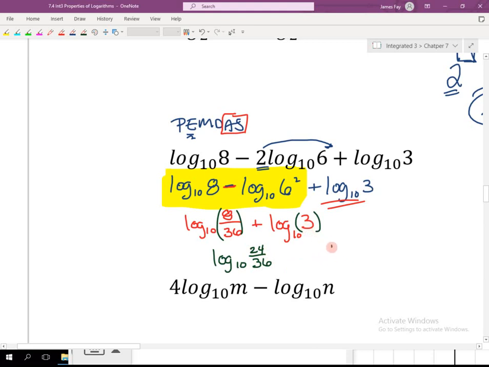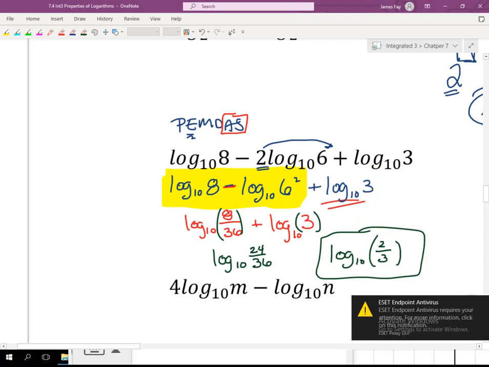What do they both divide by? Well, it's not 4 and then 6. It's 4 and then 3. So there's a common factor of 12 in there, right? So is that reduced to 2/3? Okay. So I'm just going to leave it right there. So that right there, log base 10 of 2/3, is exactly the same thing.